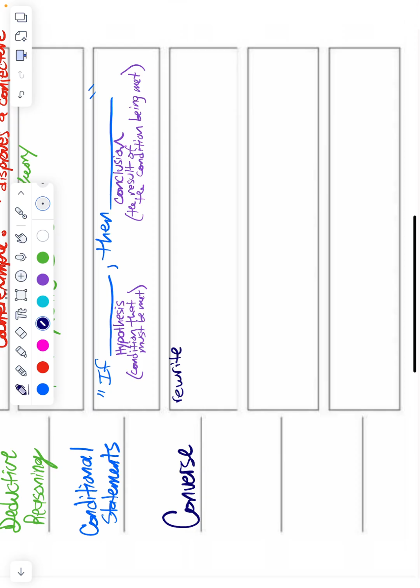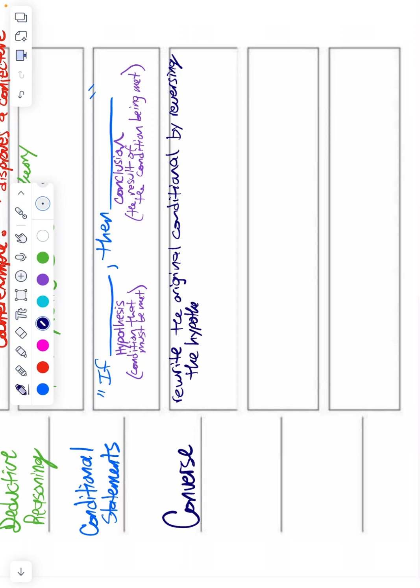We'll rewrite the original conditional by reversing the hypothesis and conclusion.